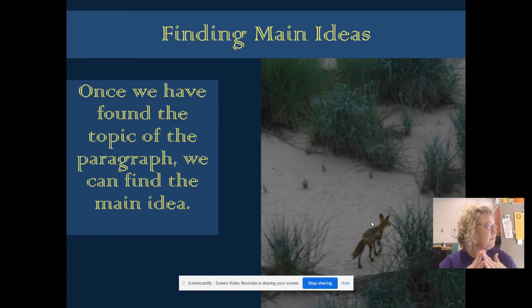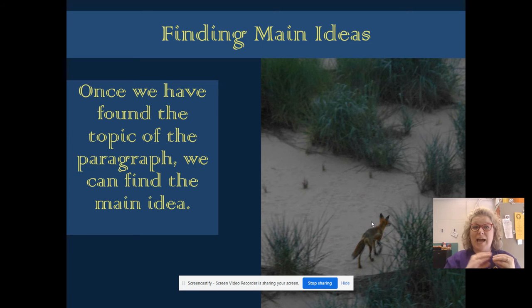Now, once we have found the topic of the paragraph, we can actually use that to identify the main idea. So topic is usually no more than 1 to 2, sometimes 3 words, especially if you have a hyphenated word. But typically we only have 1 to 2 words.